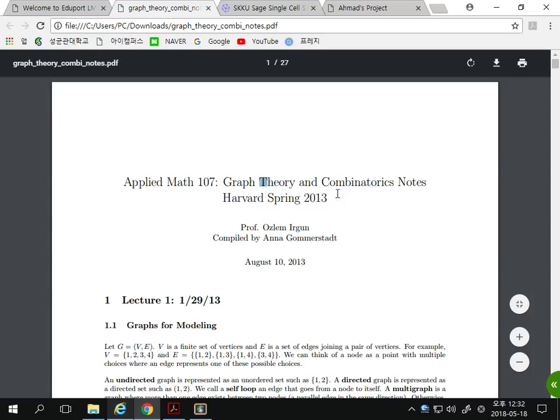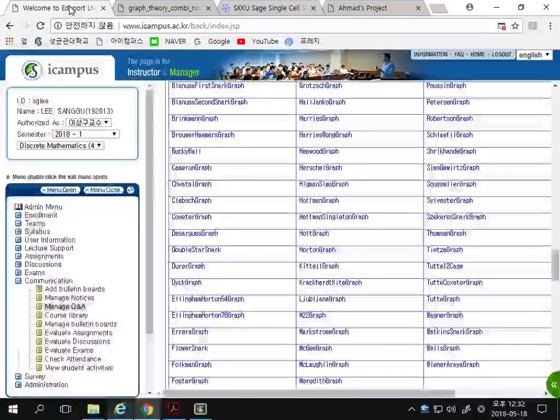this graph theory and combinatorics is a 1 semester course at Harvard, but now you are learning the basic introductory knowledge on graph theory in 2 weeks in this discrete mathematics. So it has a lot of information in here, but you don't have to learn everything.